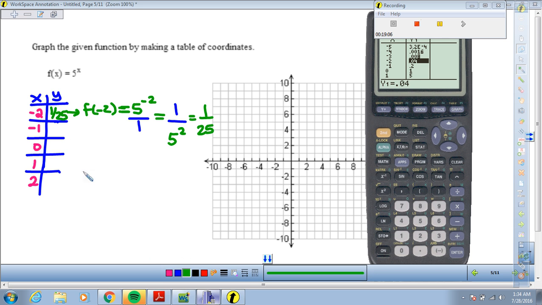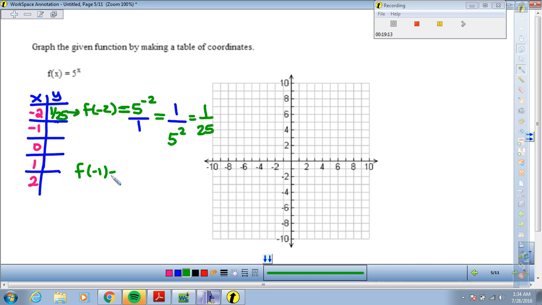So f of -1. I'm going to need to go lower because I don't have space. 5 raised to the -1. You already know what you need to do. Create a fraction, that's why you put it over 1. Flip around the number, but when you flip it around, the exponent becomes positive. So now you have 1 over 5 to the 1st power, which is simply 1 over 5.